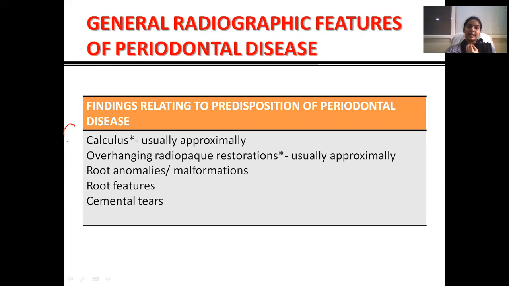Whereas some findings that lead to periodontal disease are related to the predisposition of periodontal disease. What do we mean by predisposition? Studies have stated that if these findings are present, they might lead to periodontal disease, like calculus, overhanging restorations, or root anomalies.